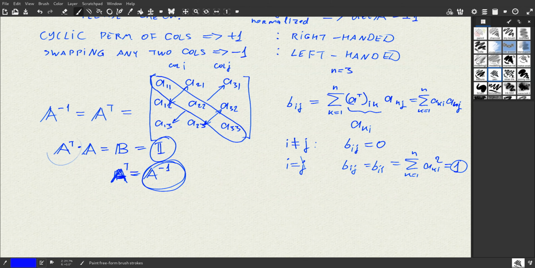In general, if the transformations are not orthogonal, you would have to invert the matrix using linear algebra rules. For example, how did you do it in your tutorials? Please recall. How do you invert a particular 3 by 3 matrix? What did you do? Find the adjoint matrix and multiply by the inverse determinant.